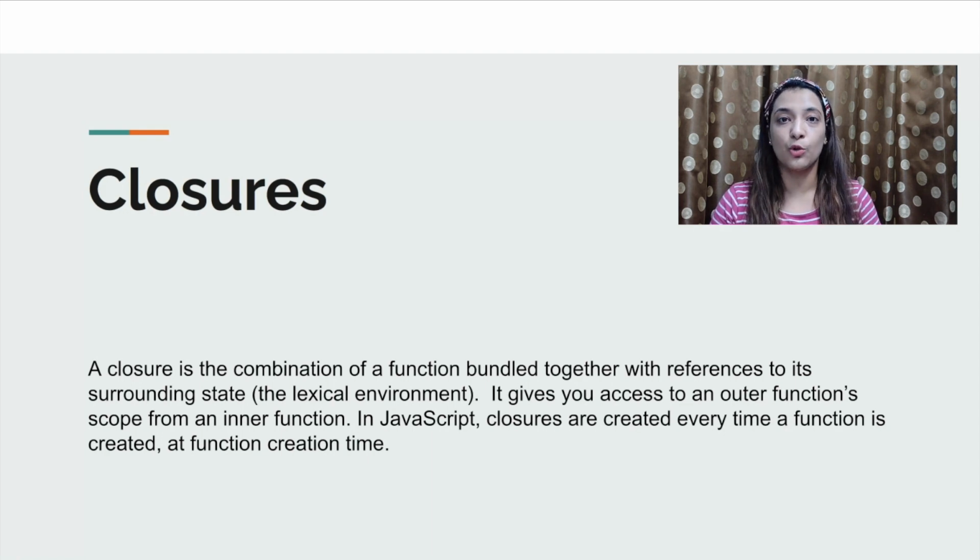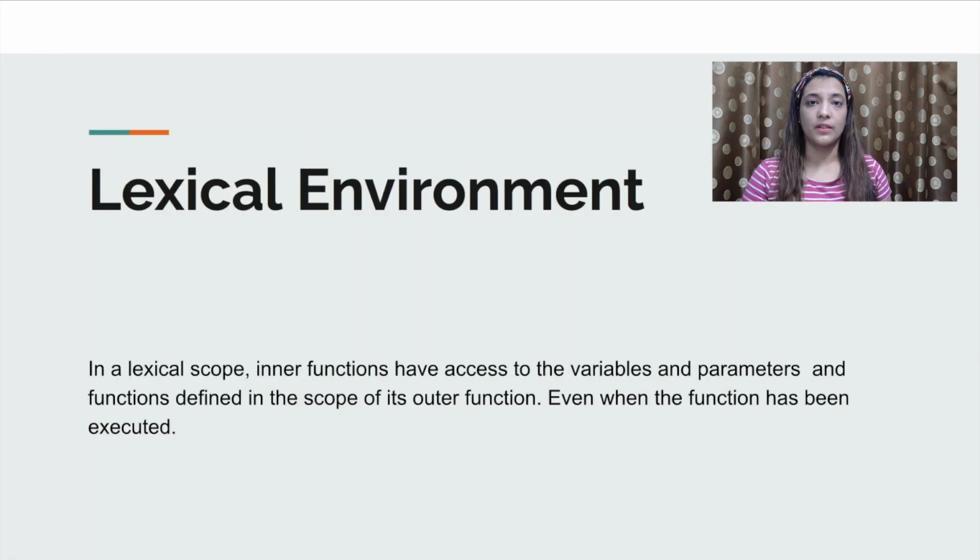Before diving into closures, let's first understand the fundamental key of the closure, and that is the lexical environment. In JavaScript, we have scopes. Scopes basically define how far a variable is accessible or visible in the program. We have different types of scopes in JavaScript: global scope, local scope, block scope, function scope.